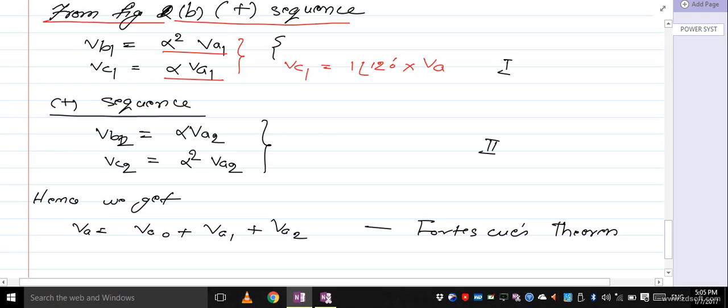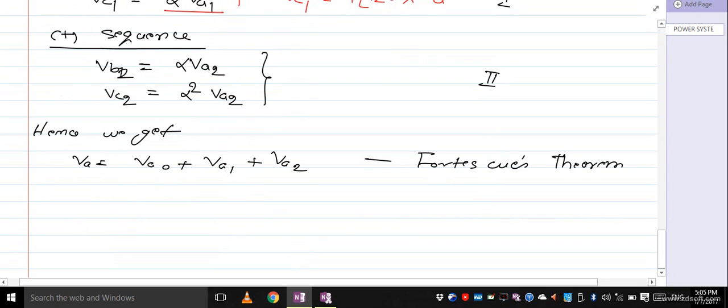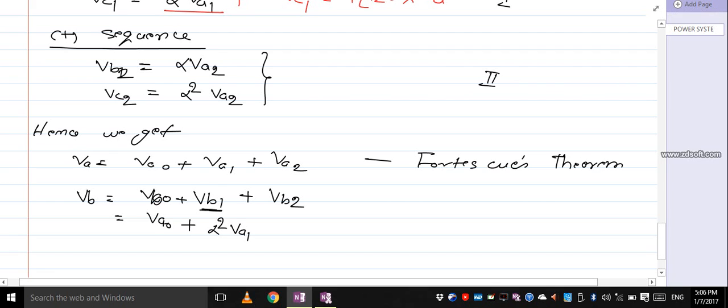And VB is equal to VB0 plus VB1 plus VB2, but this is equal to VA0, and from equation 1, alpha square VA1, and this is equal to alpha VA2. So finally we are getting this.